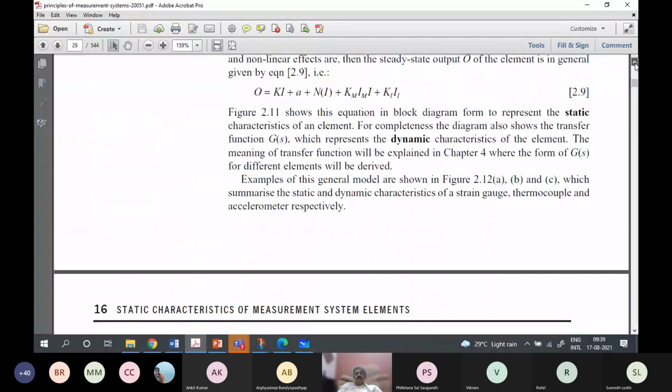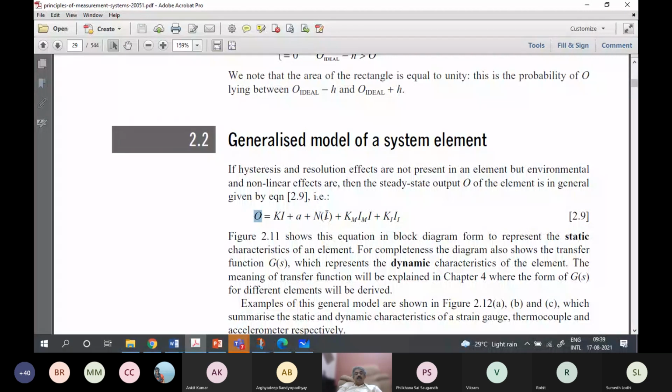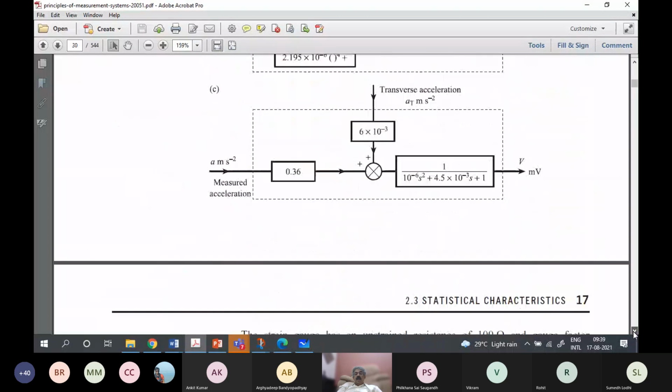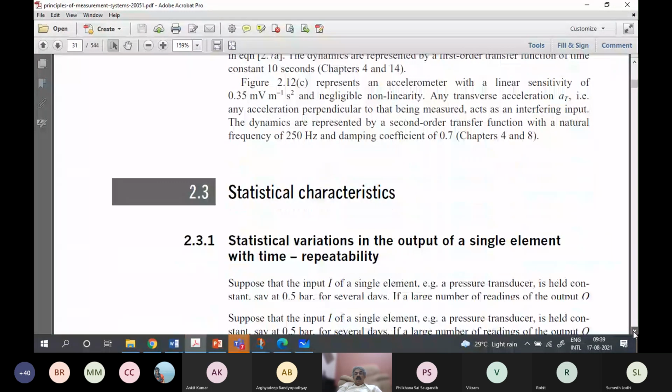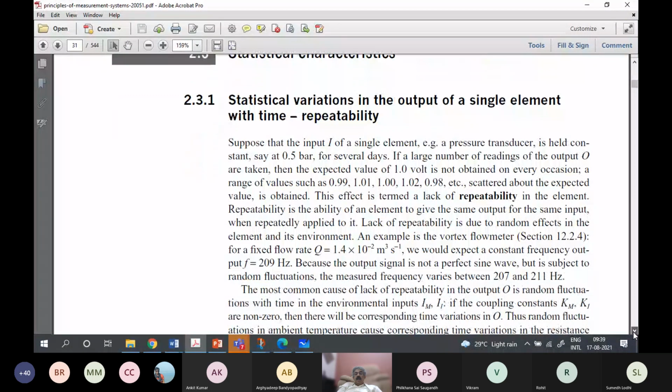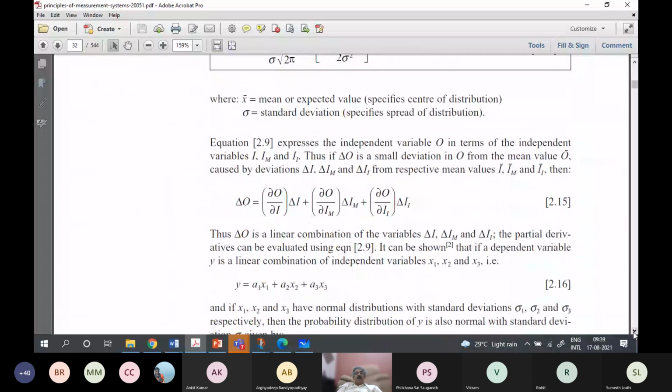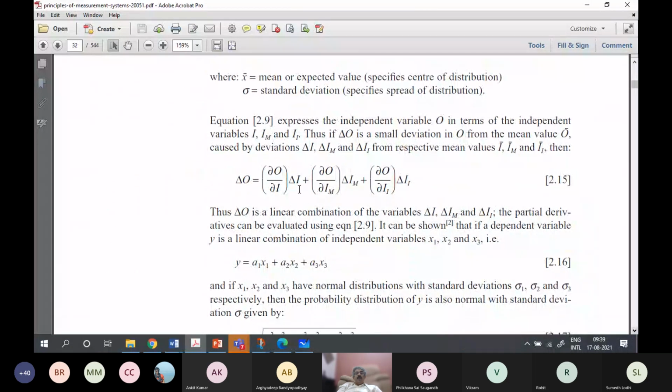This is the input-output equation of an instrument, right? Now, if you take such a model and try to find out the effect of variation in these parameters, you can take the effect of anything in that equation just by the laws of mathematics.